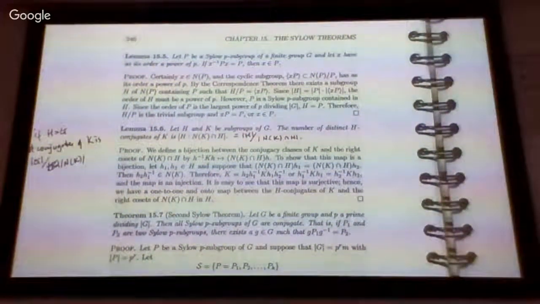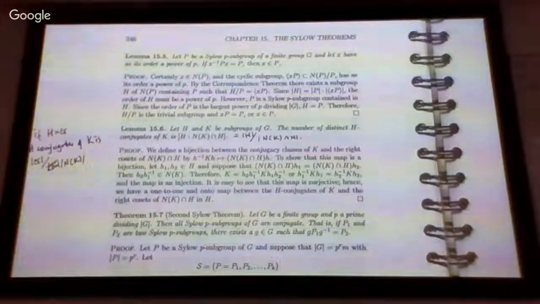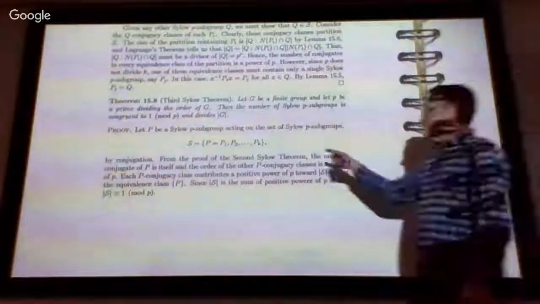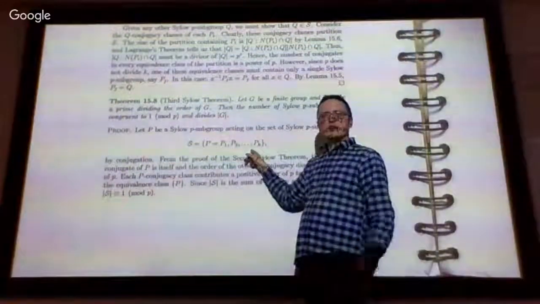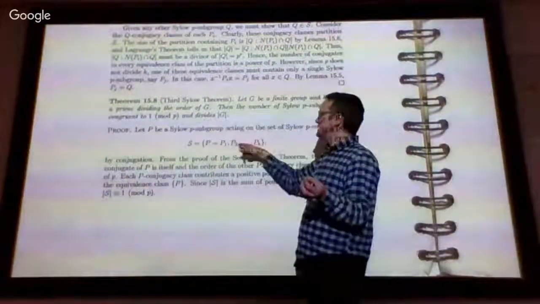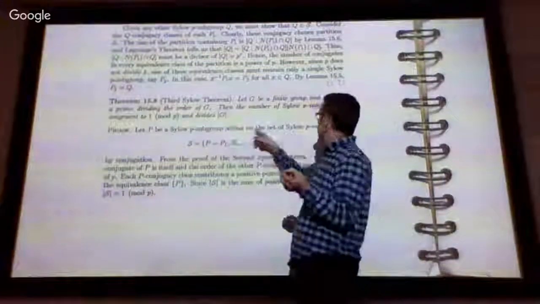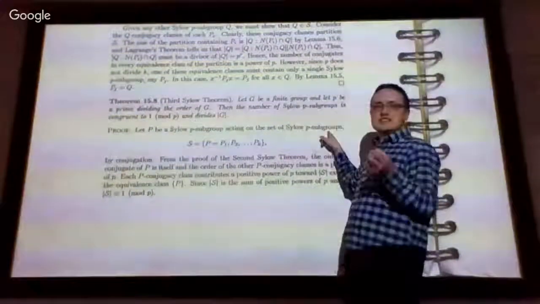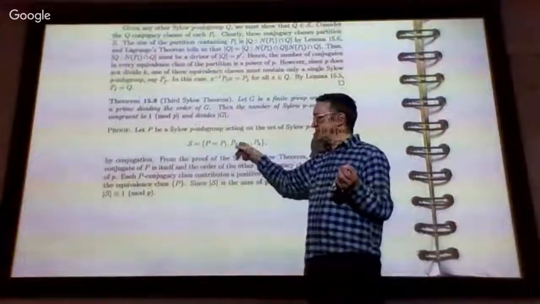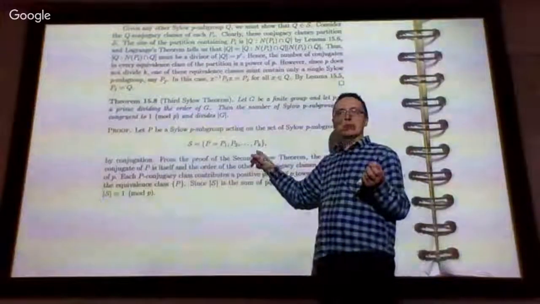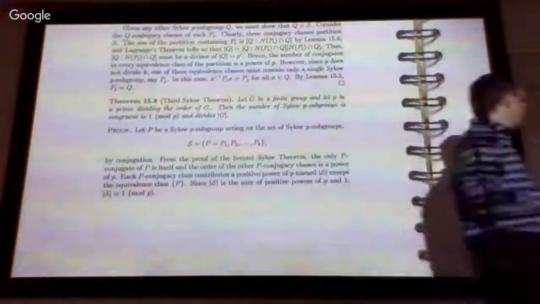It's a Sylow P subgroup, so it is not contained in any larger subgroup. Or it would force us to the conclusion that P1 is equal to Pj. Pj, remember, is one of the other P's here, but P1 can't be. This list is a listing of all the Sylow P subgroups, so we're assuming these are all distinct. So that's a little proof by contradiction that this conjugacy class cannot consist of only Pj.